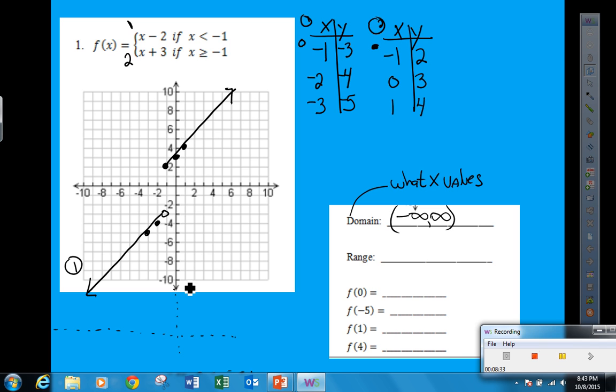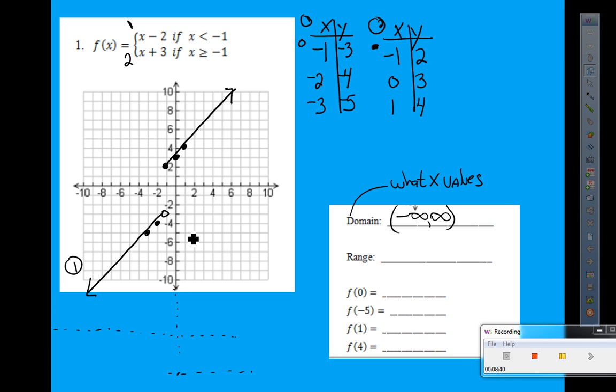So now I'm going to ask myself, as I go up, what y values am I using? I'm going to use all the y values all the way up to this point right there. So I'm going to use them all the way up to -3. And then I'm going to jump all the way up to a y value of 2. Well, here's how I write that for my range.